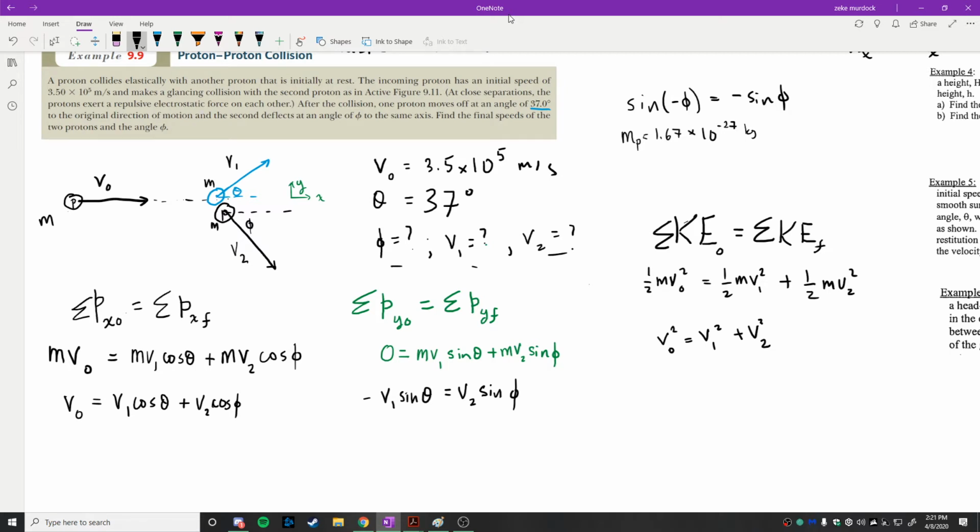I tried using substitution for V2. How did that go, Kenny? The x equation. Just call it the x equation.